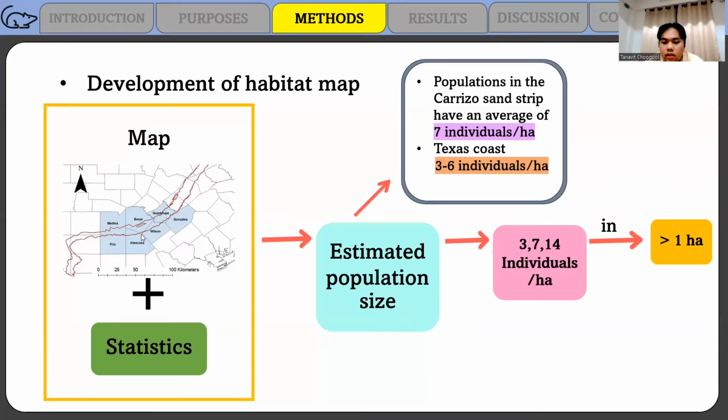So they used a protocol of 3, 7, and 14 individuals per hectare in a habitat patch with an area of more than 1 hectare.